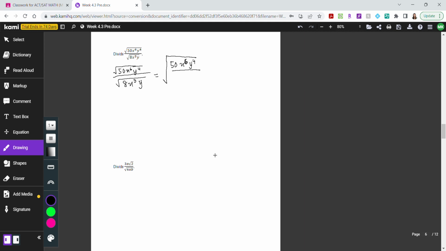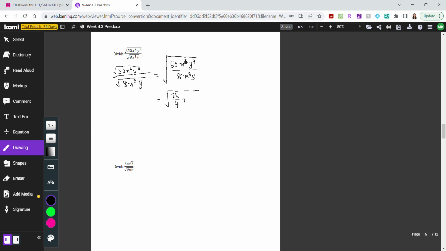That looks like a B, there we go. And because we have exponents, because of the quotient rule, we're only going to be subtracting the exponents, right? So how that's all going to look like, let's see. We're actually going to do 50 divided by 8 first, like normal, so that's going to give us 25 over 4.